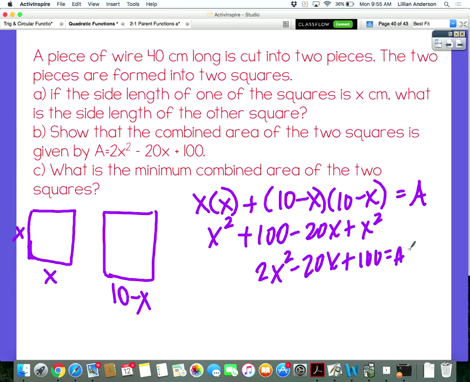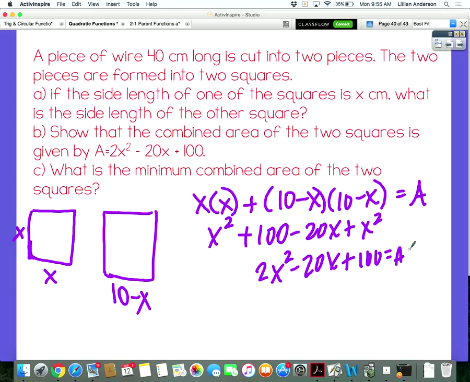And of course, to find the minimum combined area, what does that mean? To find the minimum, no, not 0 for y. The vertex, what part of the vertex? The y.